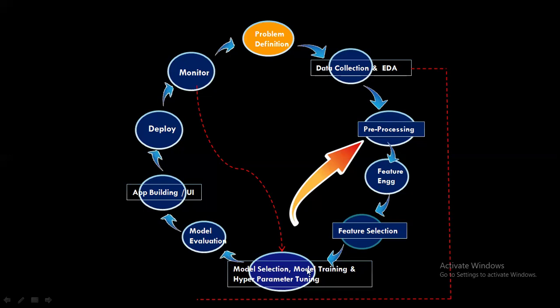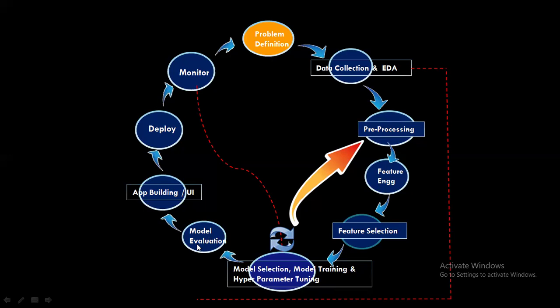We select one model, train the model, and then we do hyperparameter tuning to see if, for this specific chosen model, we can do any parameter tuning. So you need to tune your model and then check your model performance. Evaluation is kind of performance.